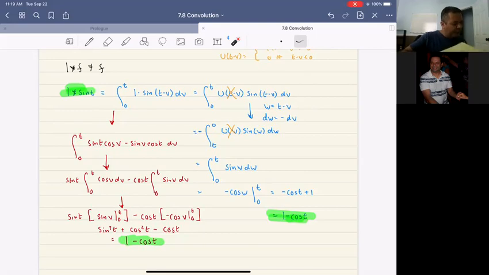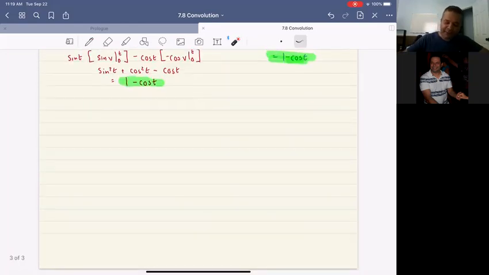Let me go through that proof real quick. This concept, that the Laplace transform of the convolution is the product of the transforms, is also important in Fourier transforms, which you'll learn in another class.